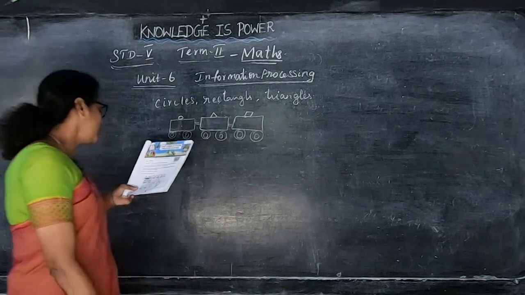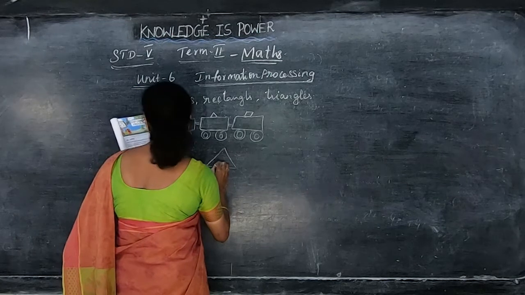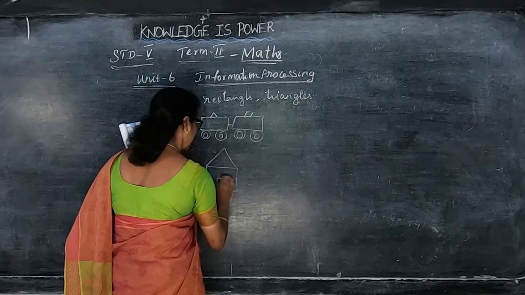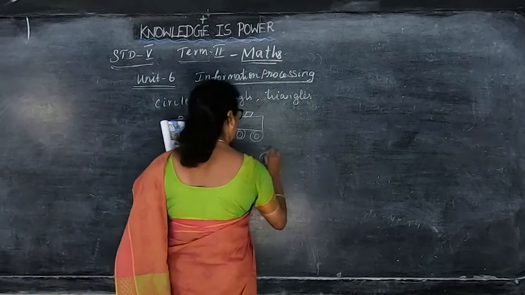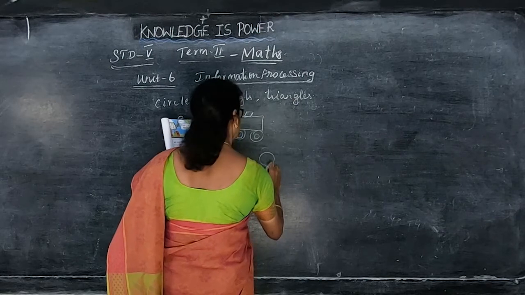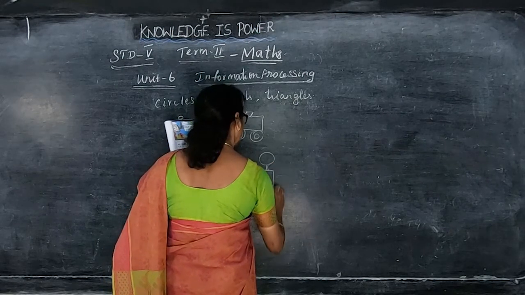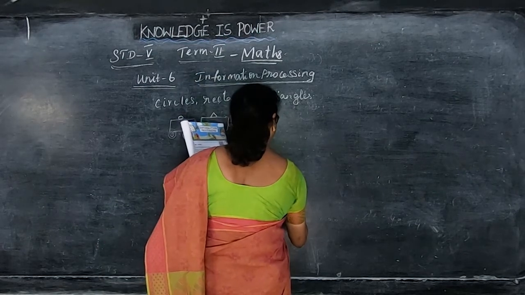Even a house we can make with a triangle and a square, and the rectangle is the shape of the entrance, and we can draw a man with a circle and a rectangle, and then again a rectangle like this. So these are the shapes you can easily draw.